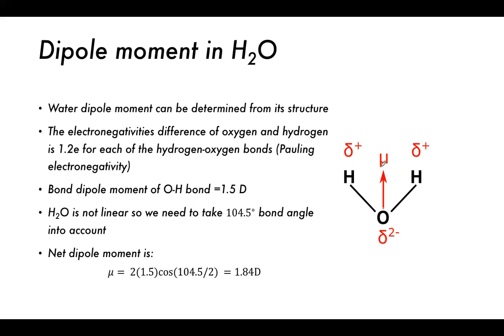So this dipole moment is aligned halfway between the two bonds here. So this is 104.5, so it's going to be halfway to that. That's why it's 104.5 divided by 2 for the cosine of that angle, times the dipole moment 1.5, times the fact that there are two of them pointing in roughly the same direction after we correct for the angle. And we end up with a net dipole moment for water of 1.84 D.